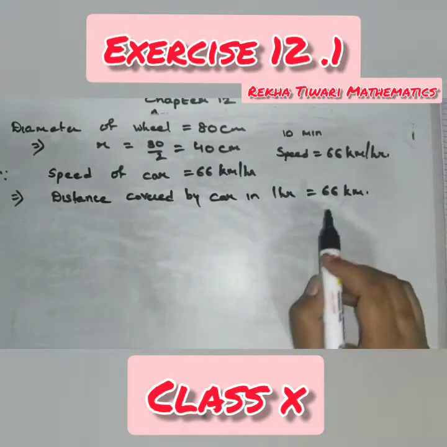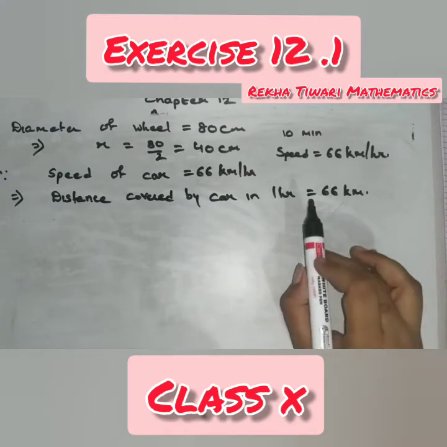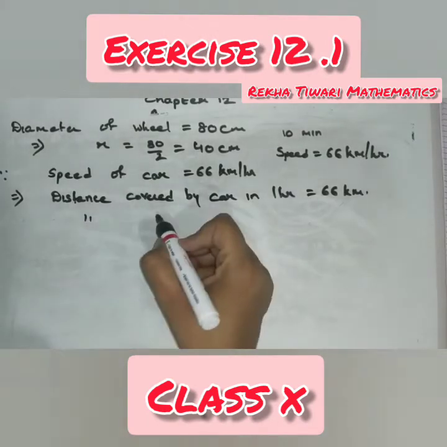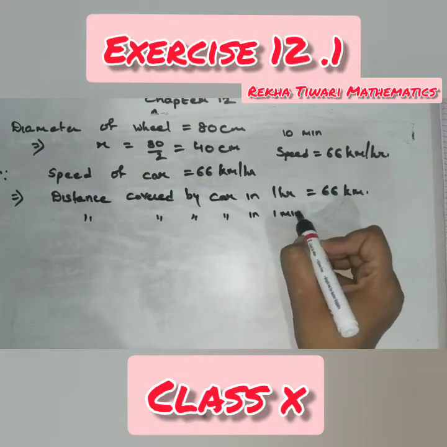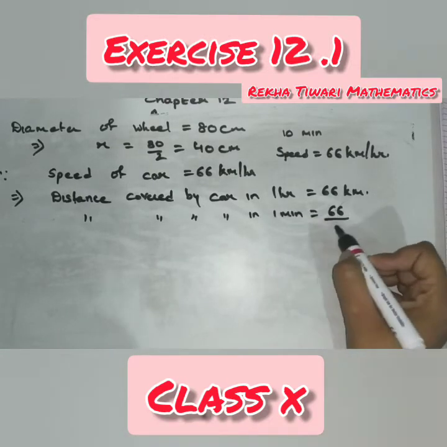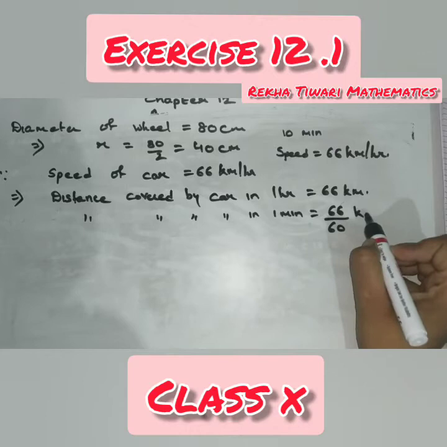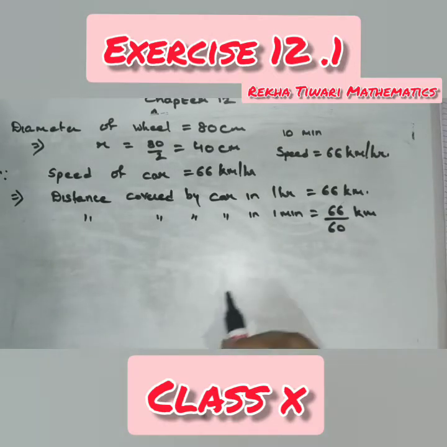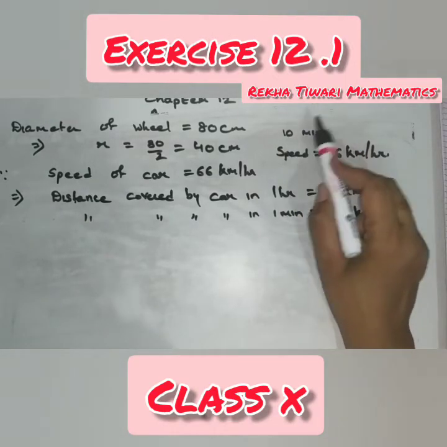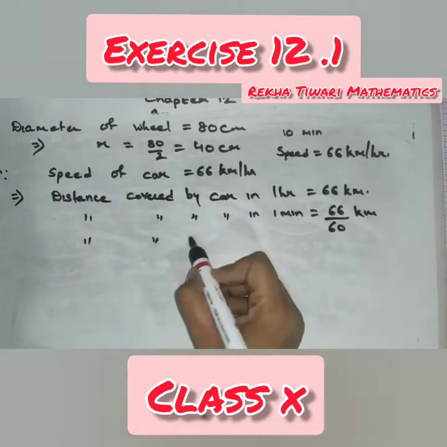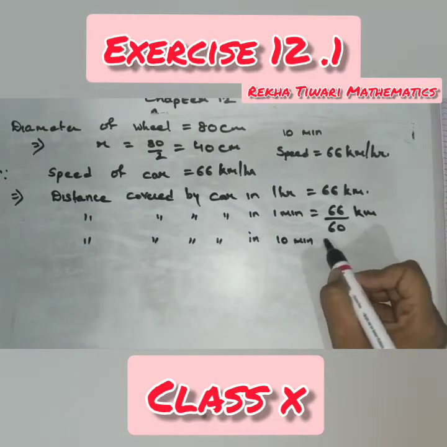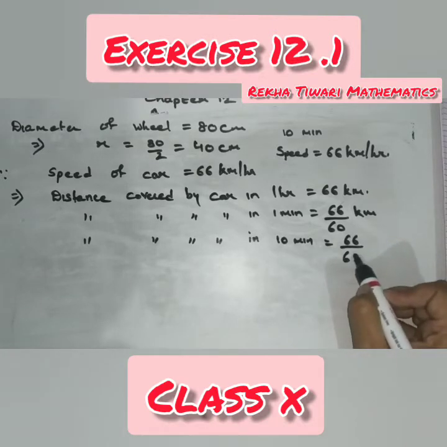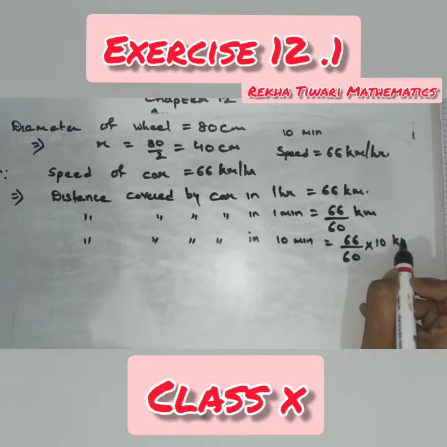1 hour means how many minutes? 60 minutes. So the distance covered by car in 1 minute is 66 by 60 km, and we have to find it for 10 minutes. So the distance covered by car in 10 minutes is equal to 66 by 60 into 10 km.